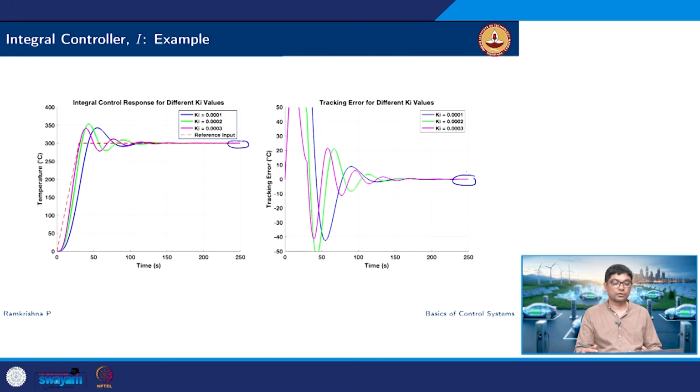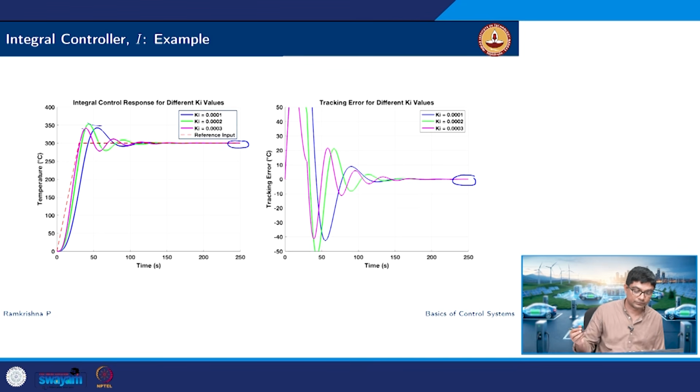What different values of Ki do is just have a little bit of effect on the transient response of the system, where for a value of Ki equal to 0.03, I see maybe a slightly lesser overshoot and so on.